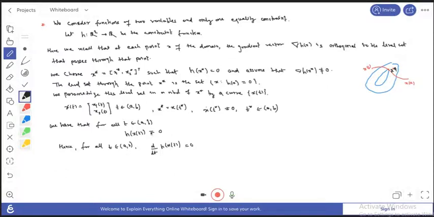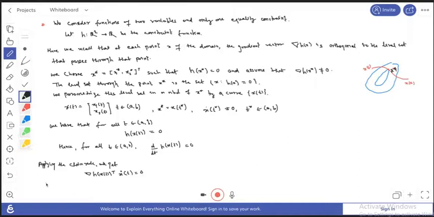Taking the derivative of both sides, the left-hand side is d by dt of h of x of t, and the derivative of 0 with respect to t equals 0. Now applying the chain rule, we differentiate h with respect to x, which gives the gradient of h at x of t transposed, and then differentiate x of t with respect to t, which is x dot of t. So the gradient of h at x of t transpose times x dot of t equals 0.